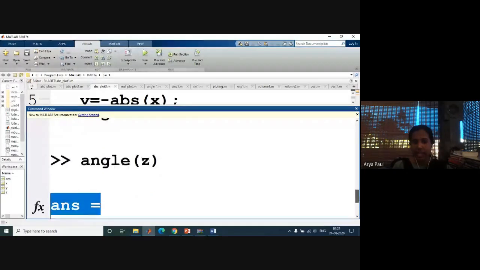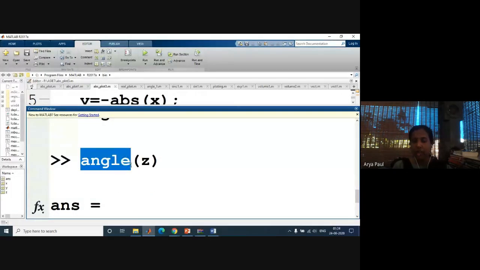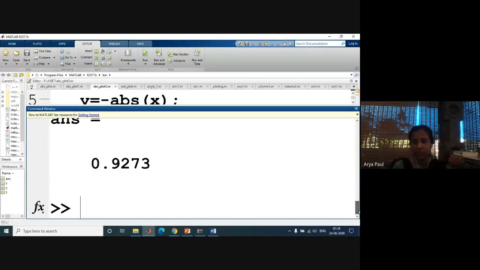Please remember that the angle function in MATLAB will give you the result in radians, not in degrees. So this much radians. If you want to convert this into degrees, you need to multiply by the factor 180 by pi. So I write m equal to angle of z.